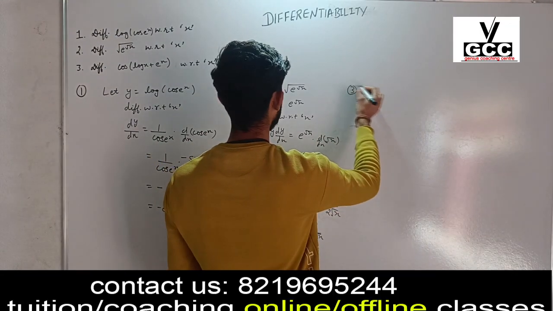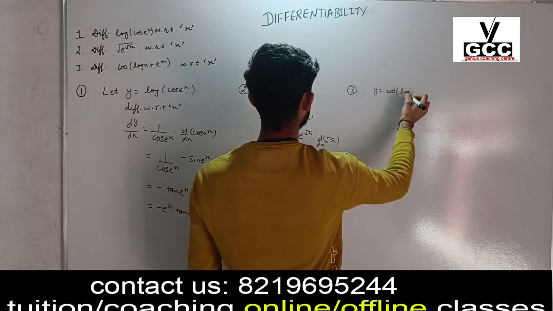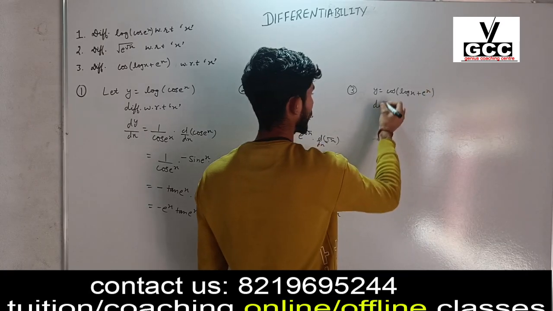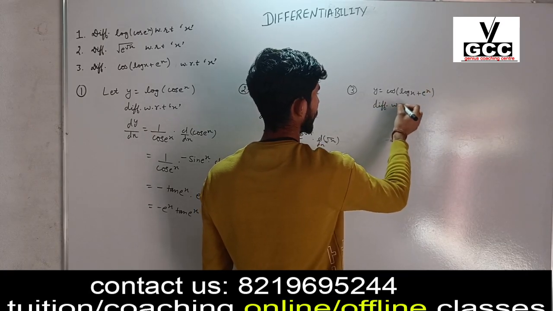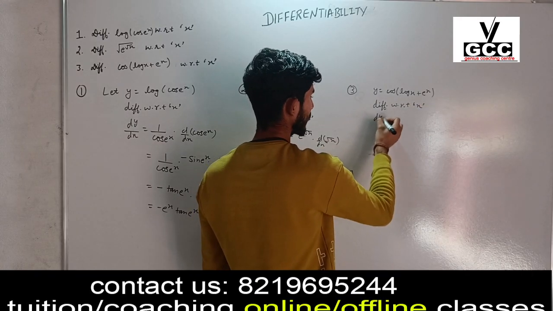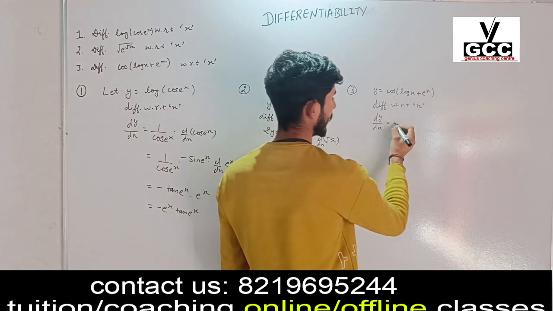Similarly, we have another example. Let y is equal to cos of (log x plus e^x). Now differentiate with respect to x. dy/dx is equal to, what is the derivative of cos x?